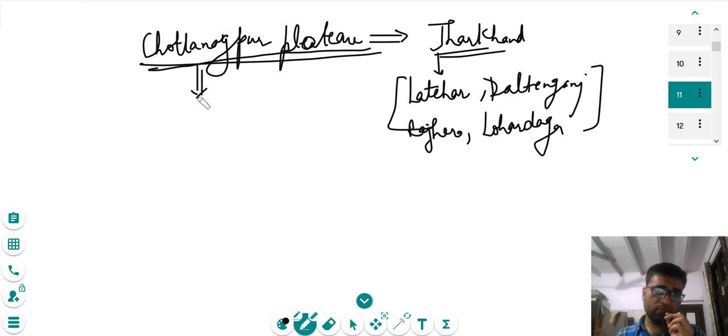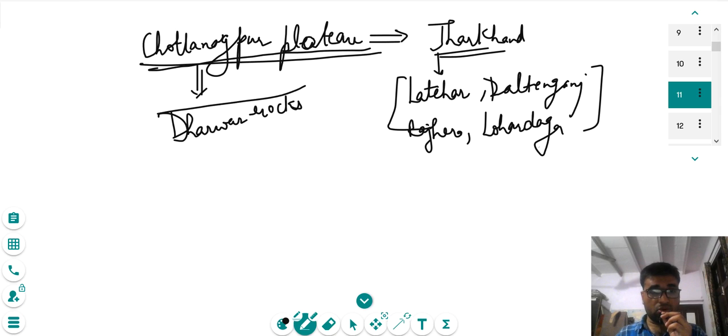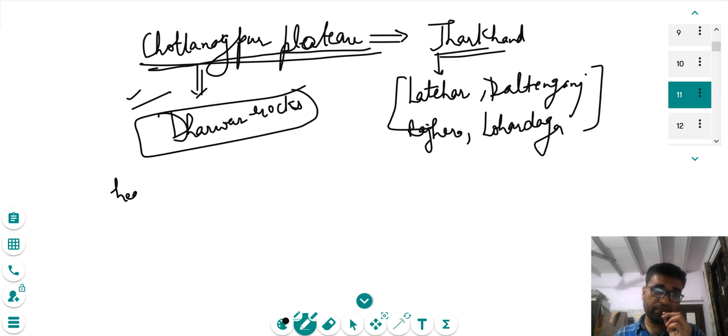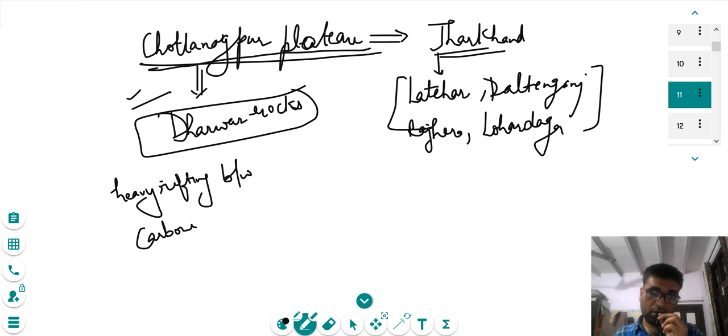Now Chota Nagpur Plateau has the Dharwad rocks, right? And these rocks, or this region of the Chota Nagpur, witnessed heavy rifting between Carboniferous time and the Jurassic time.